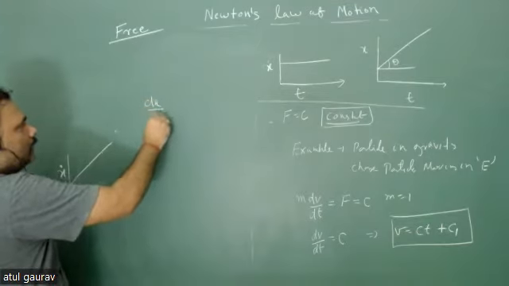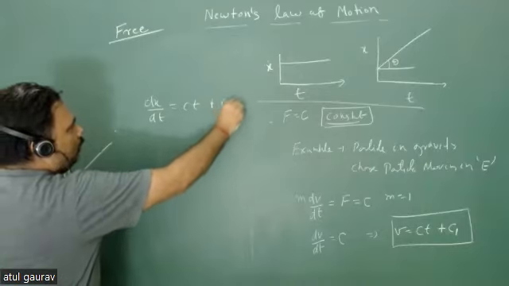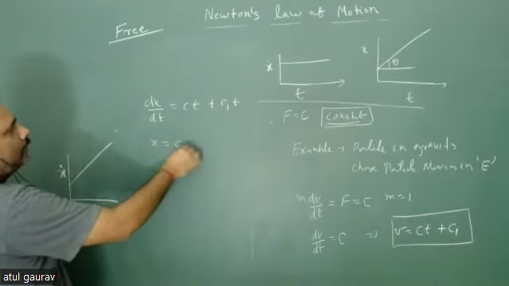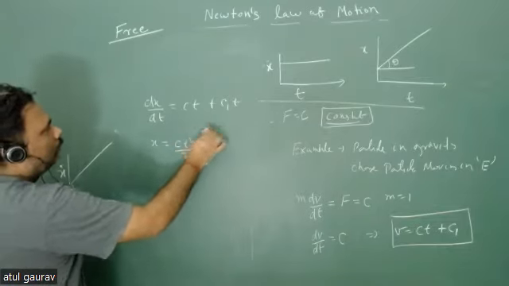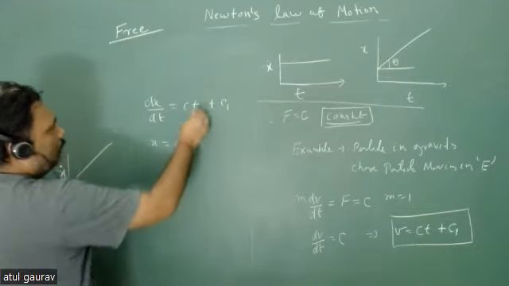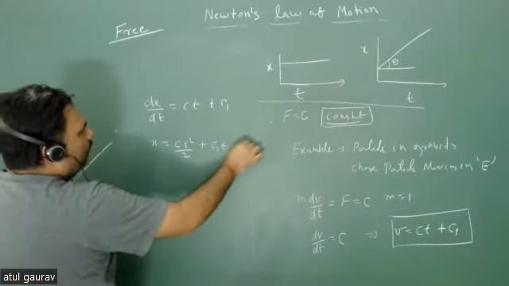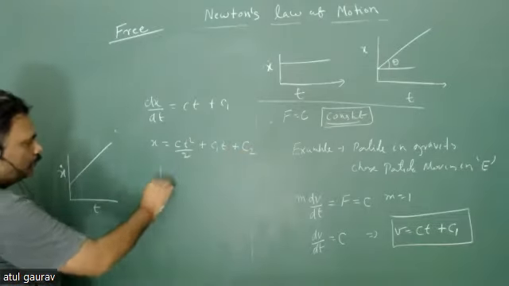dx by dt is equal to ct plus c1, and x can be written as ct square by 2 plus c1 t plus some constant, let's say c2. And what will be this profile?